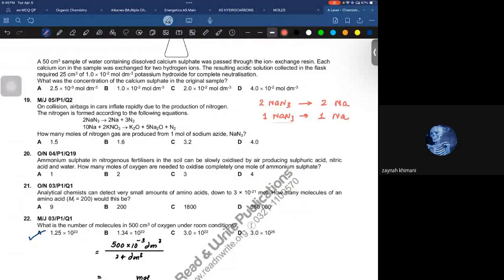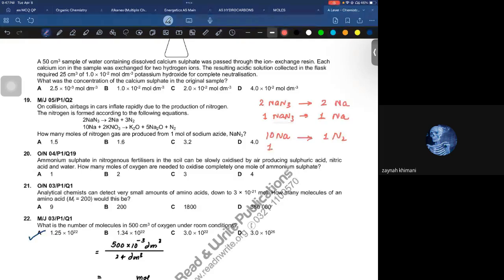Then I can say 10 moles of sodium. If you can see equation number 2, 10 moles of sodium gives 1 mole of nitrogen.